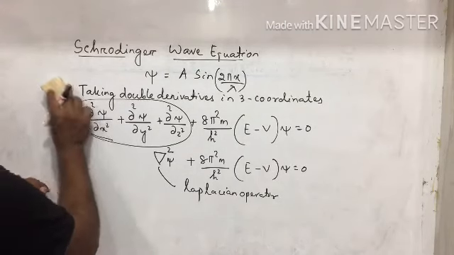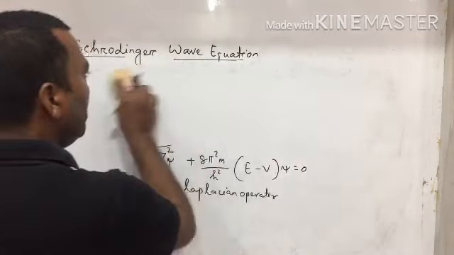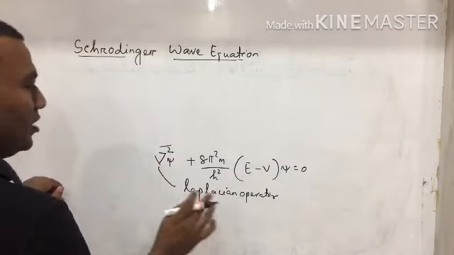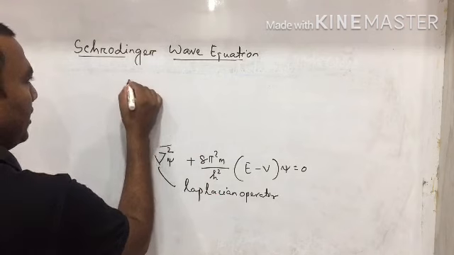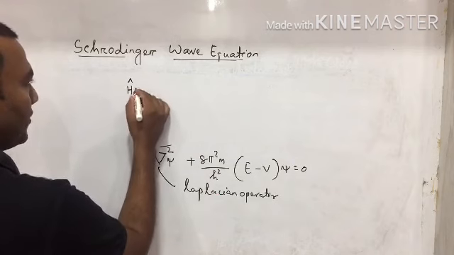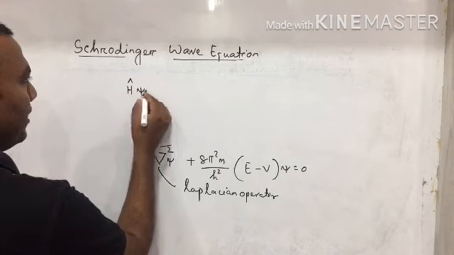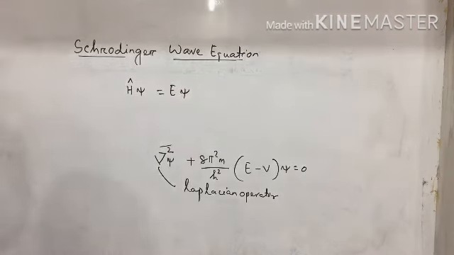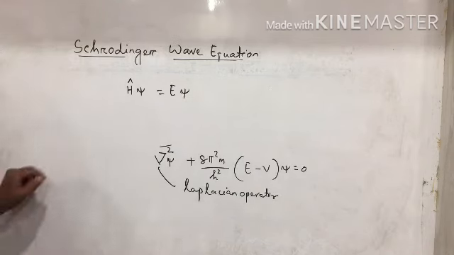Next, the Schrödinger wave equation can also be written in another format: H cap psi equals E psi.